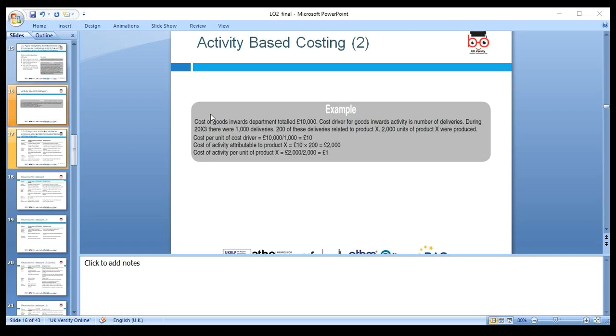So how many product X did we produce and sell? 2,000, so 2,000 divided by 2,000 is £1 each.